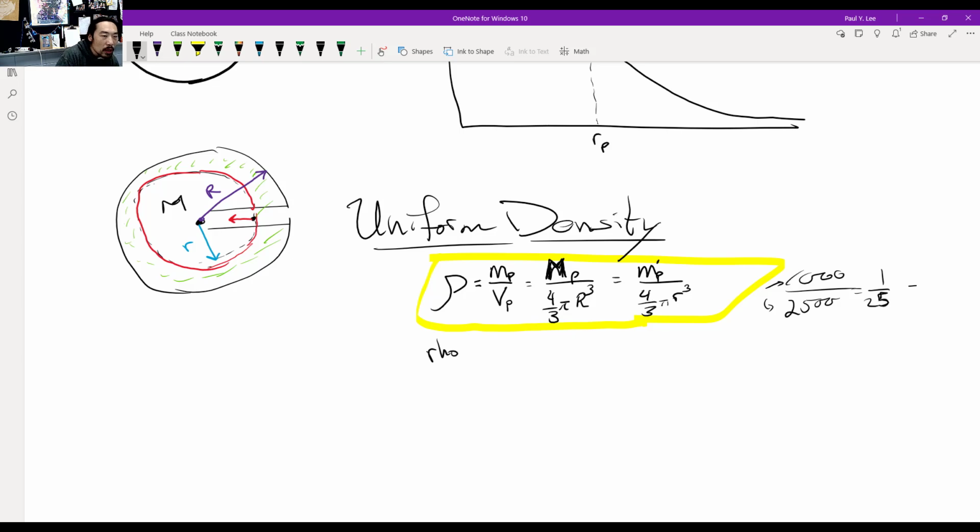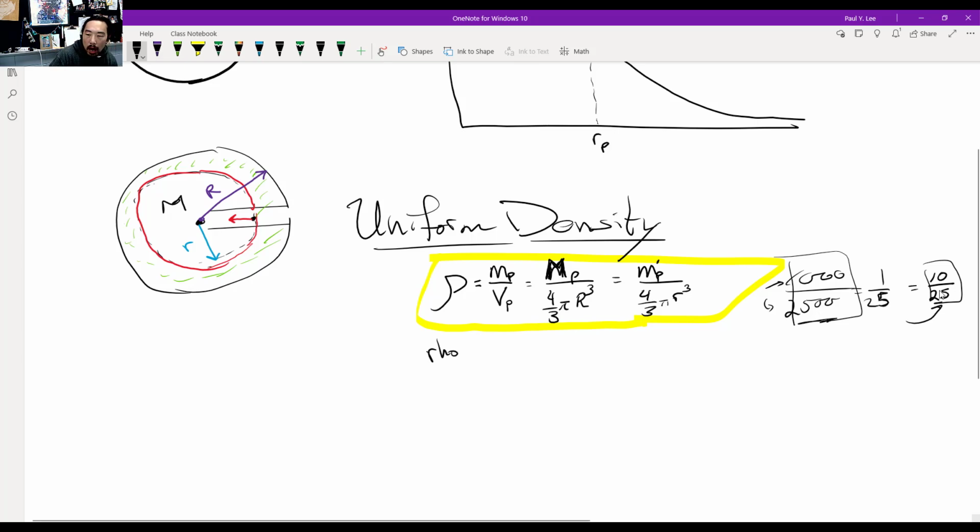So for example, if we are at a point where the mass of the planet is 10, then the volume of the planet must be 25, because this ratio is the same as this ratio. So as we dig further and further into the planet, the volume shrinks, but also the amount of mass that's pulling you in shrinks.